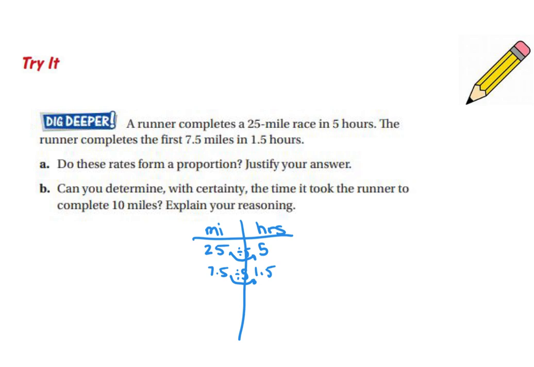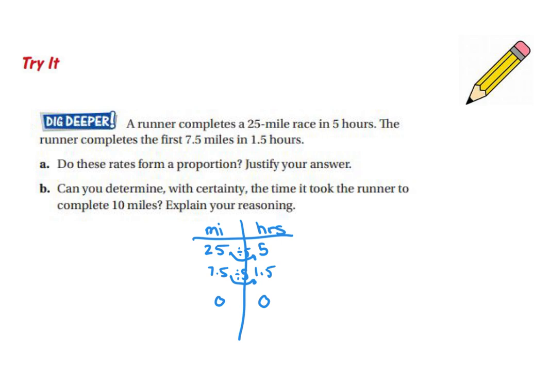Furthermore, it's going to tell us that 0 miles would take 0 hours. We're going to have that point in our table, leading us back to the middle of our lesson, where we would look in the table for the point 0, 0 to determine if it's proportional. Now, hopefully this is logically making sense, that if you haven't run any miles, it shouldn't take you any hours.